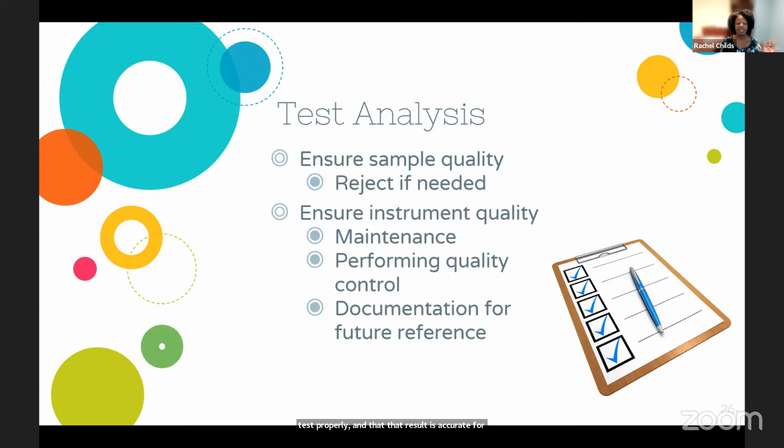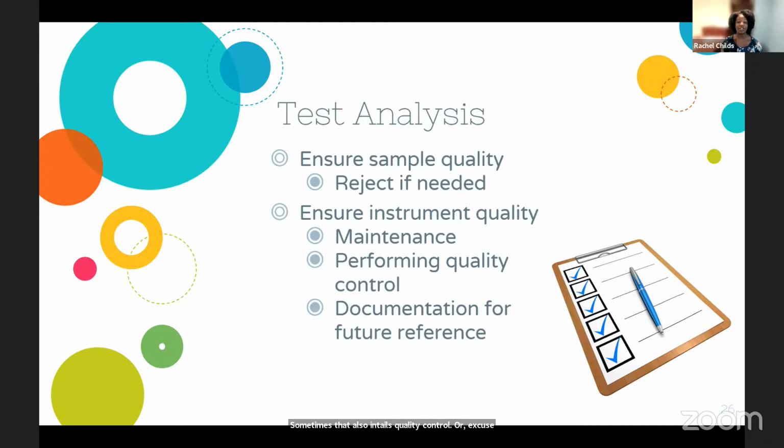So the first step would be ensuring the quality of that sample. And then the next step would be ensuring the instrument quality before we even perform any test on said sample or patient. With instrument quality, a lot of that entails the maintenance of the instrument. So sometimes that could be something performed daily or weekly, monthly, et cetera. Sometimes that also entails quality control.